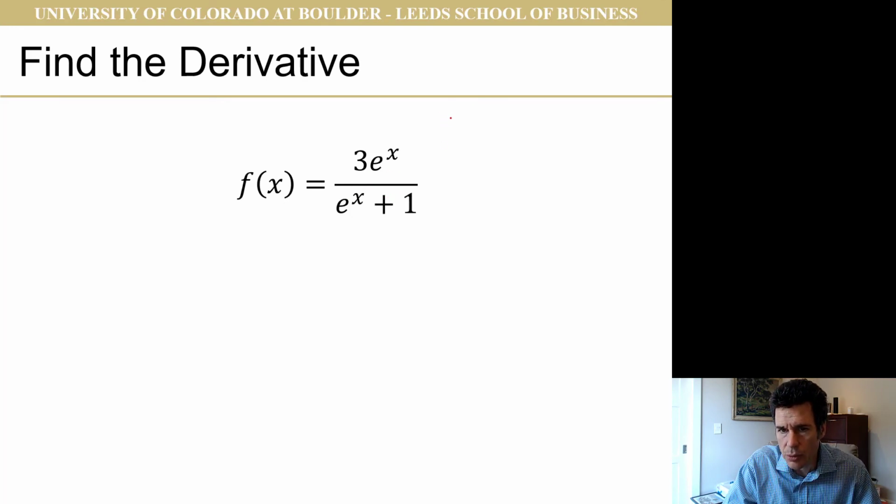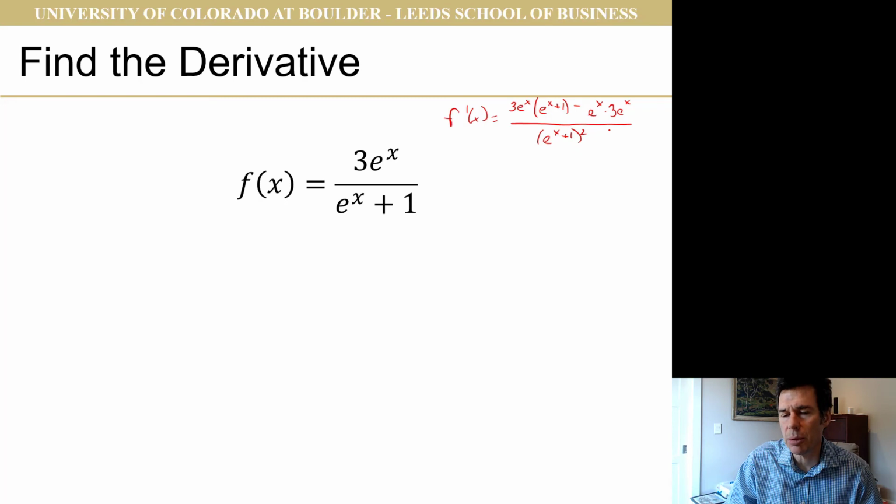This is a quotient rule, so f prime of x equals the derivative of the numerator, 3e to the x, times the denominator, e to the x plus 1, minus the derivative of the denominator, e to the x, times the numerator, 3e to the x, all divided by the denominator squared, e to the x plus 1 squared. We could simplify if we wanted to, but we don't have to.